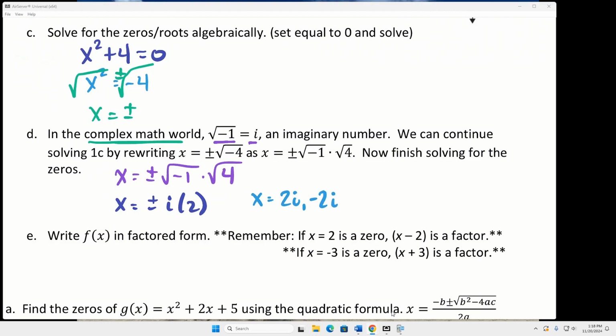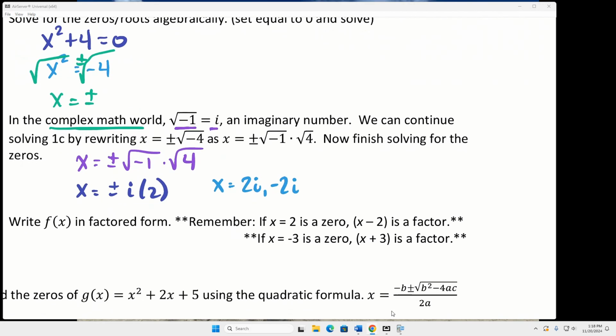Now, you can do that, but I don't really want you to go through this process where every time there's a negative, you make it the square root of negative 1 and then you make it i. What I really want you to be able to do, and it might take a little while since you haven't learned this before, is that whenever you see a negative under the square root, you just know there's going to be an i in your answer. So what do you guys think the square root of negative 25 is?